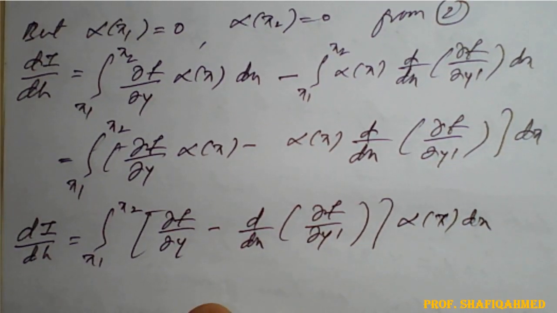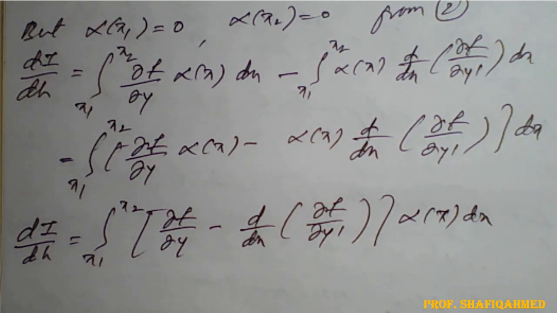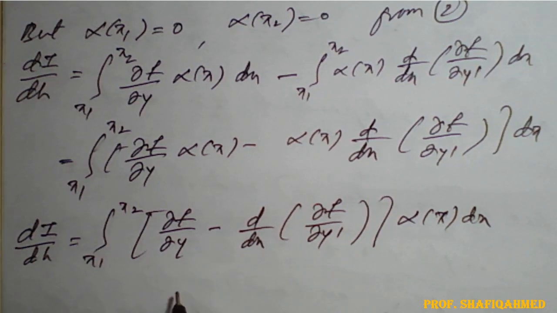We have already stated that di by dh must be 0.